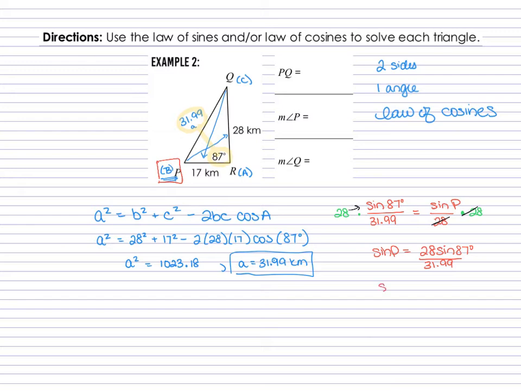Now remember, we want to make sure that these make sense. Instead of doing the arc sine of that whole fraction, multiply that through. We need that sine value to be somewhere between -1 and 1, or the angle doesn't exist. So the sine P is going to be equal to 0.8741.